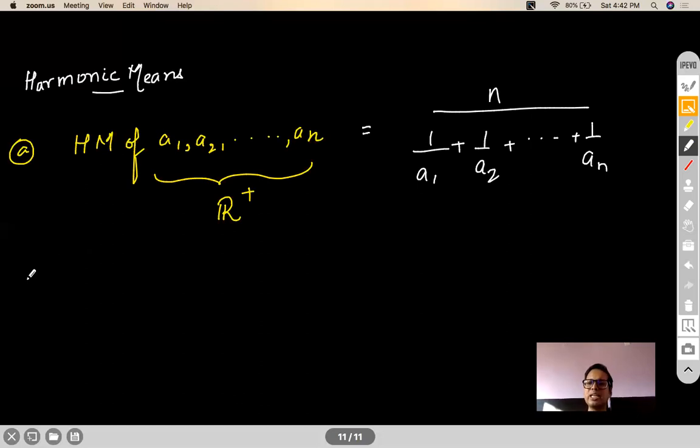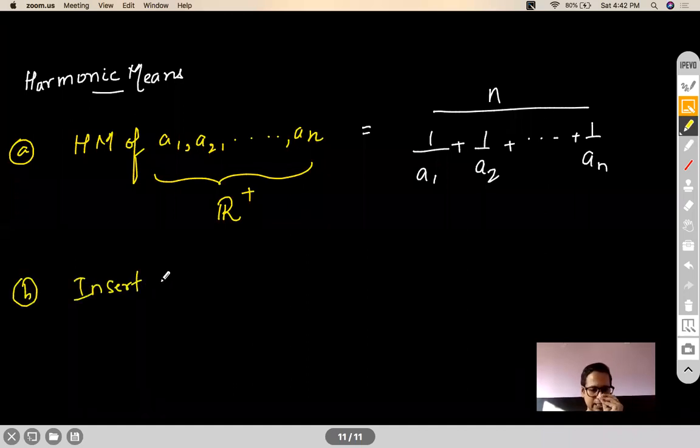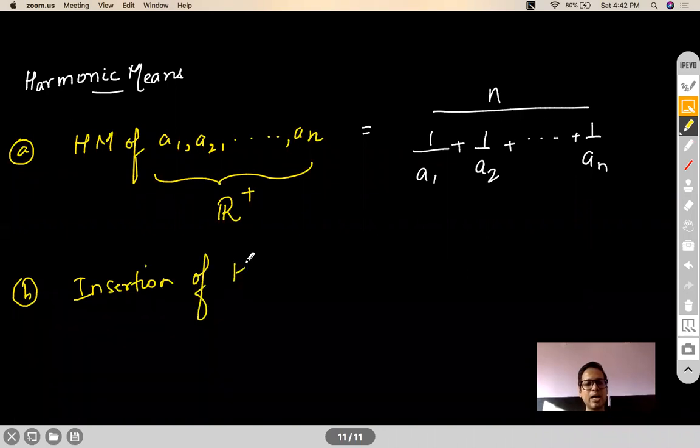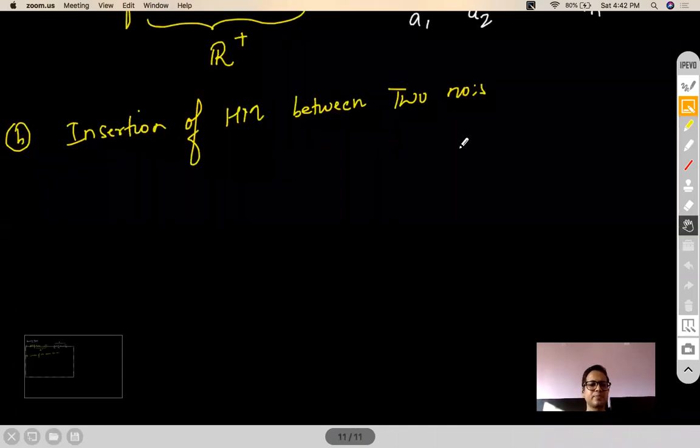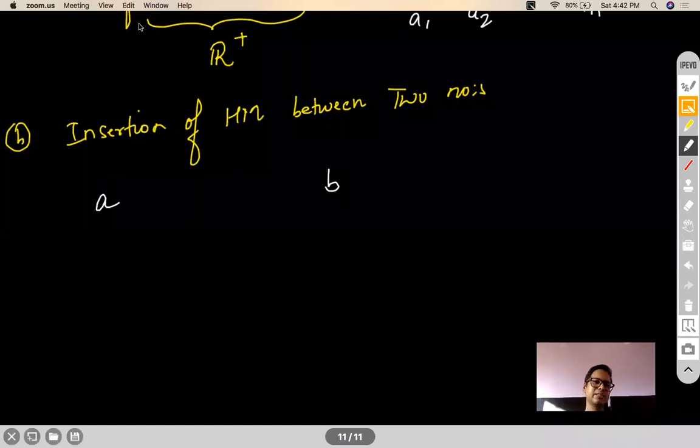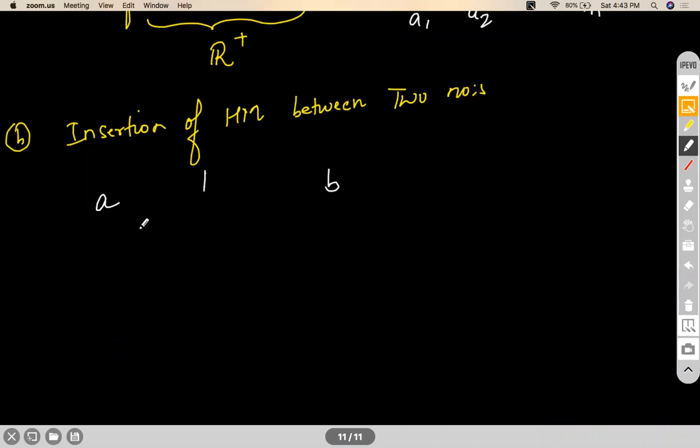We are going to directly talk about insertion of harmonic means between two numbers. Let's say A and B. I want to insert one harmonic mean between these numbers.